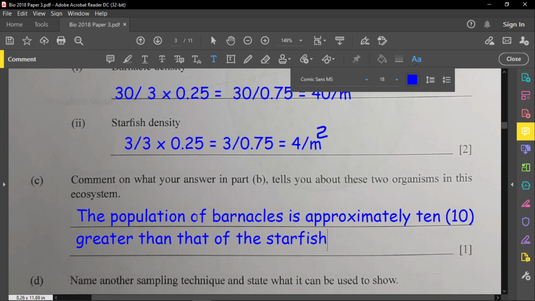Okay, so about 10 times greater. Based on what you get by calculation, the barnacle population is about 10 times greater than that of the starfish. Again, it's a 1 mark question.